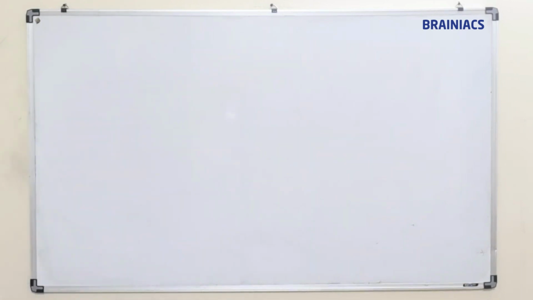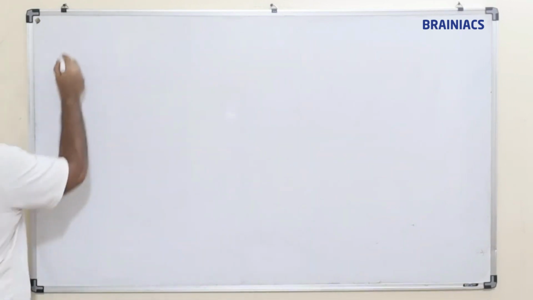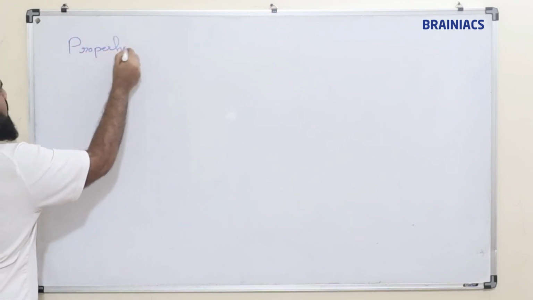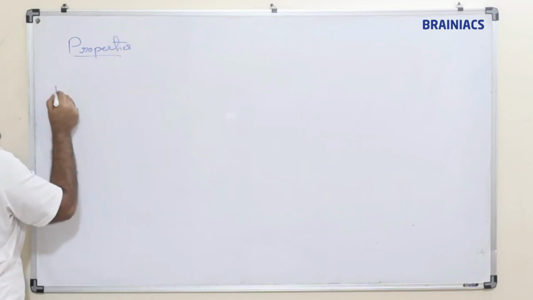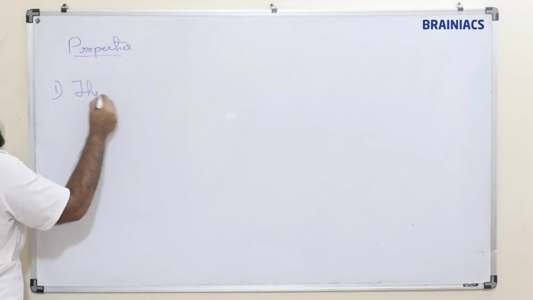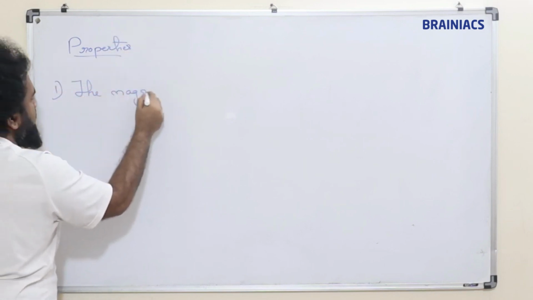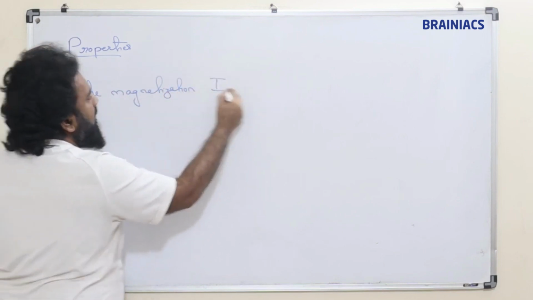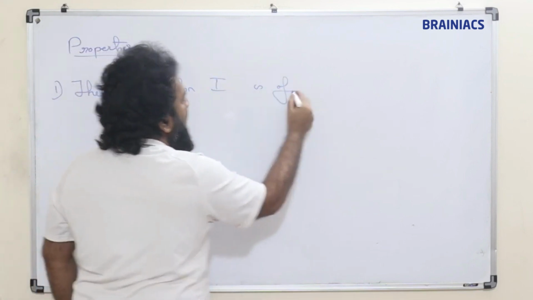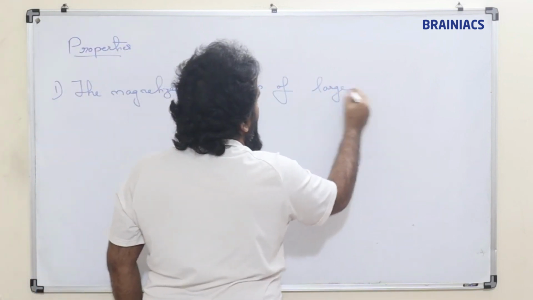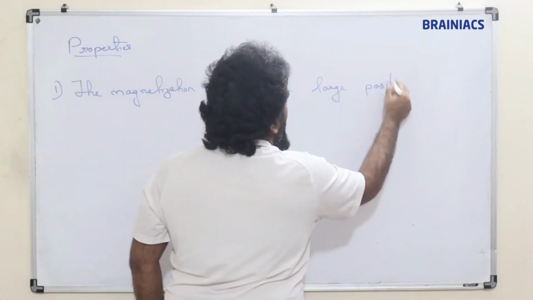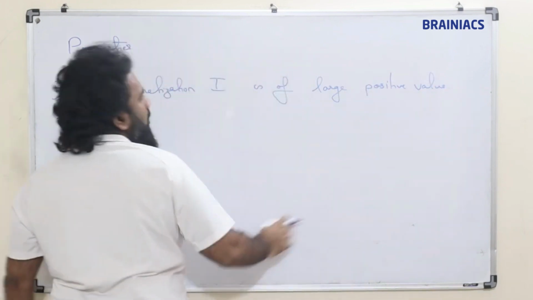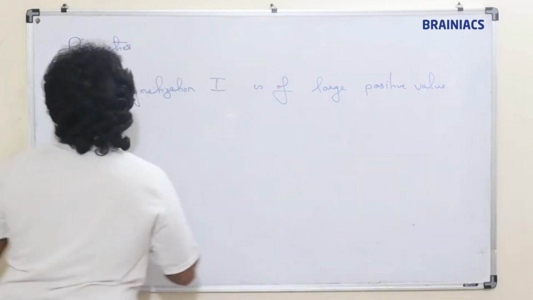Okay, now we will write the properties. Number one, the magnetization I is of large positive value, because of domain growth.